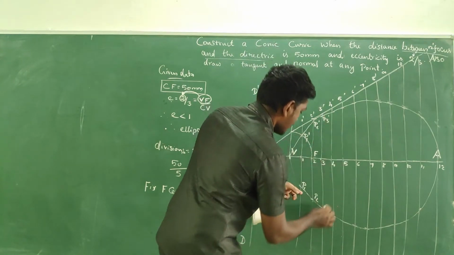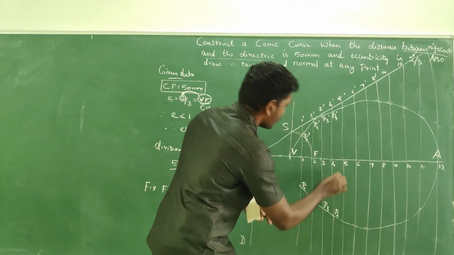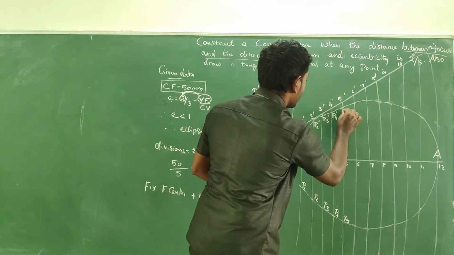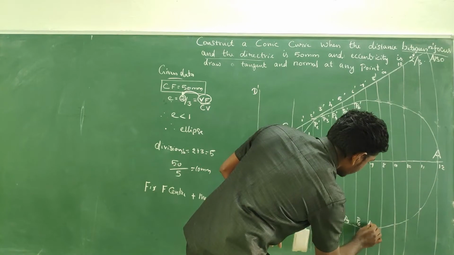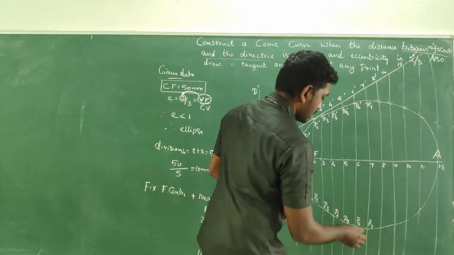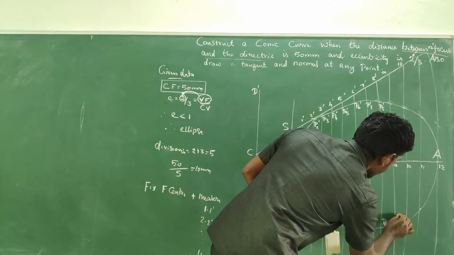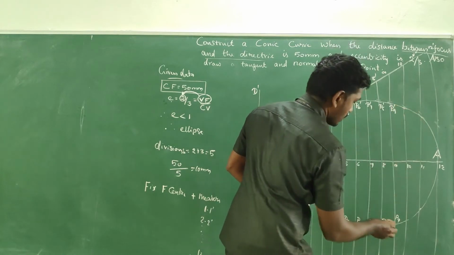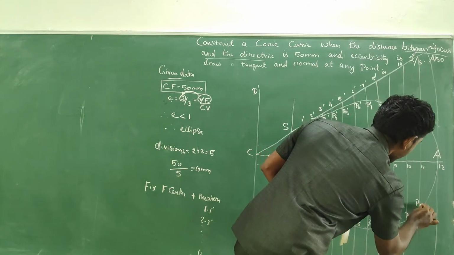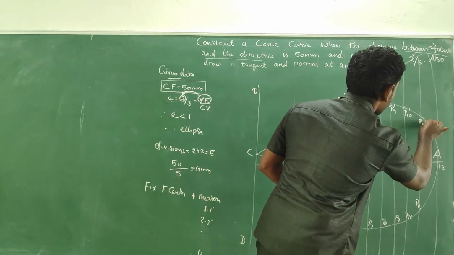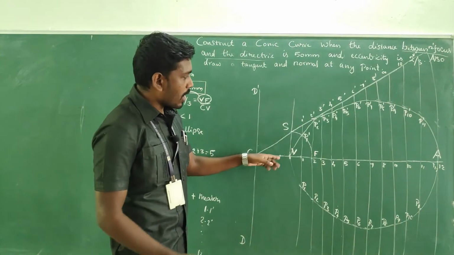Here P3 dash and P3, here P4 dash and P4, here P5 and P5 dash, P6 dash, P7 dash, here P8 dash, here P9 dash, here P10 dash, and here P11 dash, here P12. Okay, so now I got my profile.